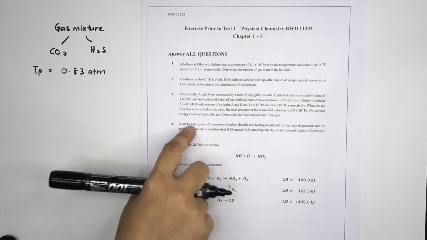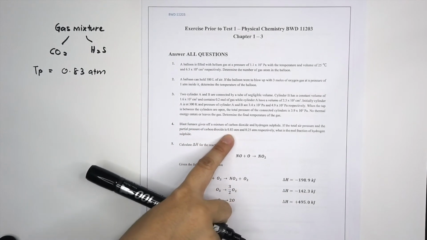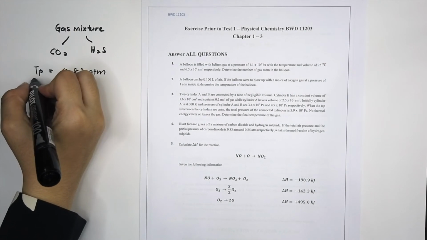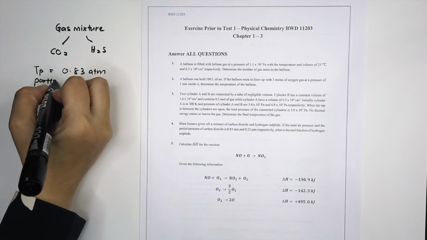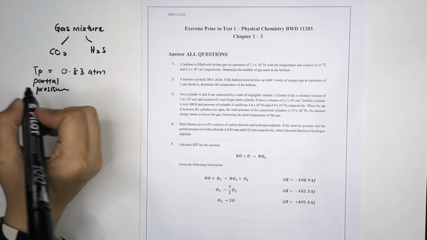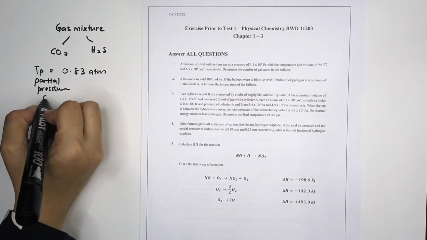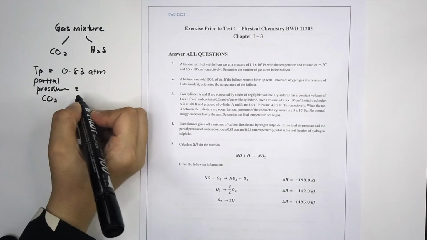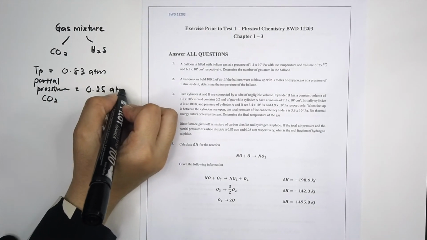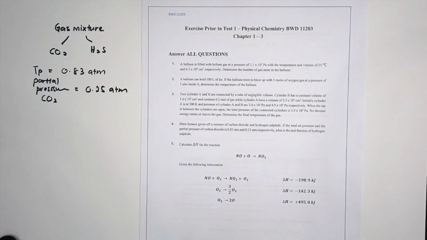See, the total pressure is 0.83 atm and the partial pressure for the carbon dioxide is equivalent to 0.25 atm. So you were asked to calculate the mole fraction for the hydrogen sulfide.